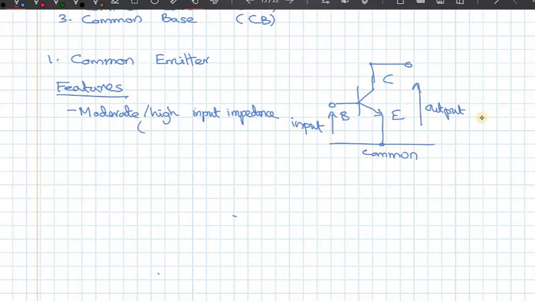So this is in the range of 1 kilo ohms. The other feature is it has a moderate output impedance. When we say moderate, we mean in the range of about 50 kilo ohms.